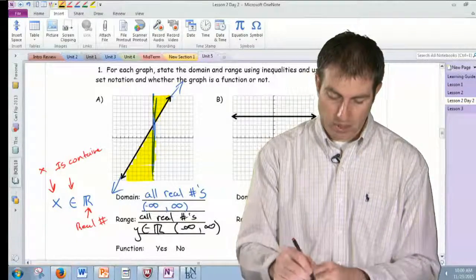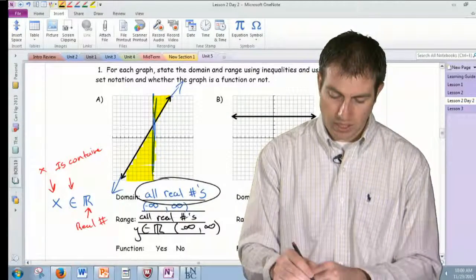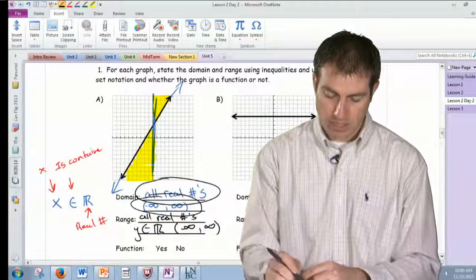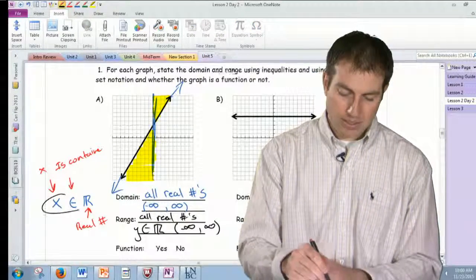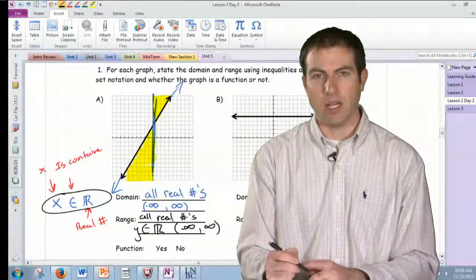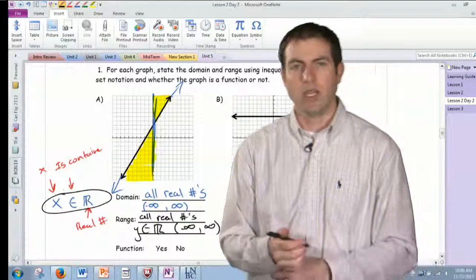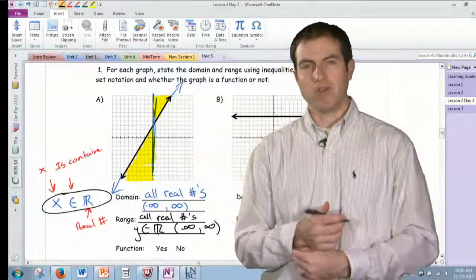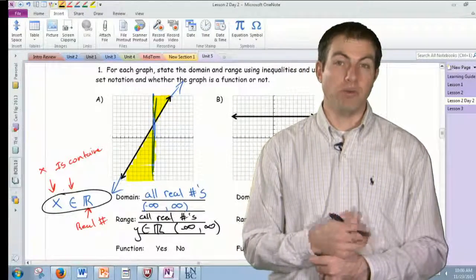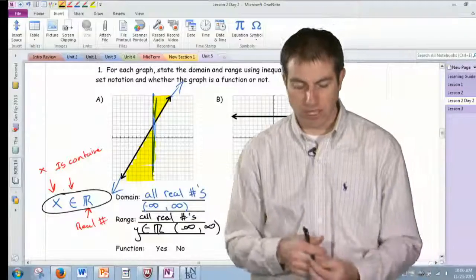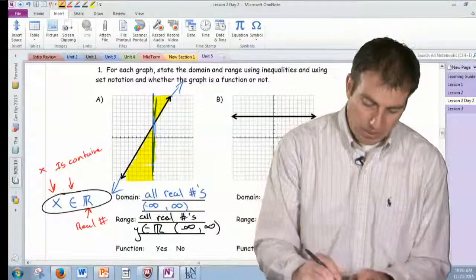They could write it as words, all real numbers. They could write it as an ordered pair set, like negative infinity to infinity. I'm thinking that the x is contained in the real numbers, the mathematical notation, probably won't come up on a provincial exam, but it will be something you need to know moving forward in math. So it's worth seeing it now. You might encounter it again.